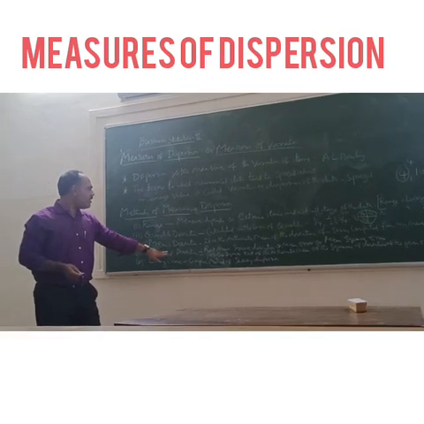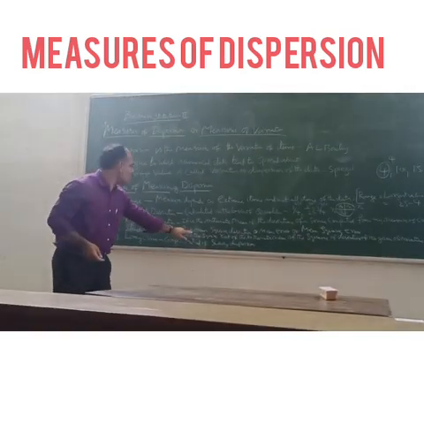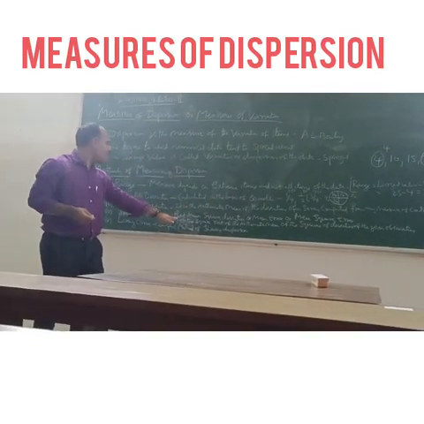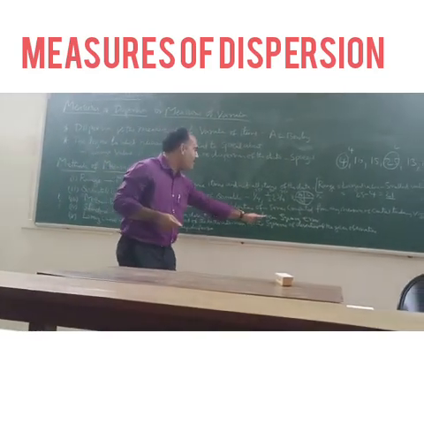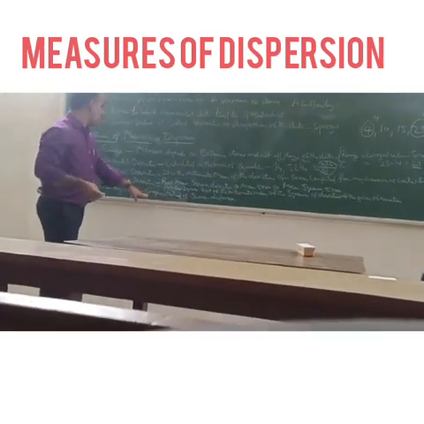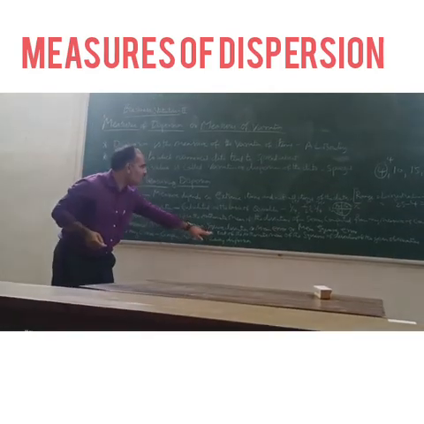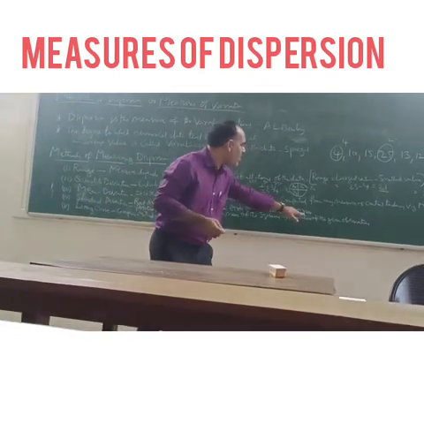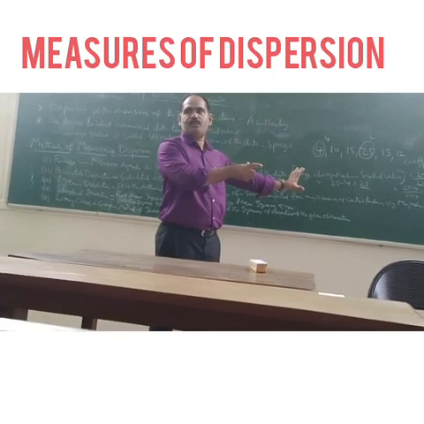For the time being, keep in mind that it is the root mean square deviation, or mean error, or mean square error. Standard deviation is also said to be the positive square root of the arithmetic mean of the squares of deviations of the given observations, meaning the given data.